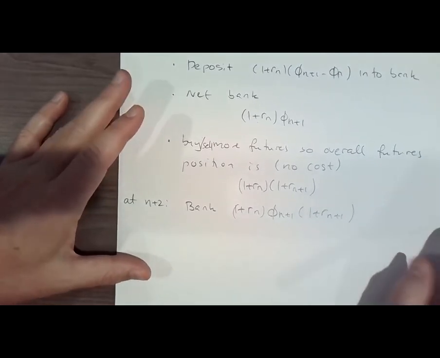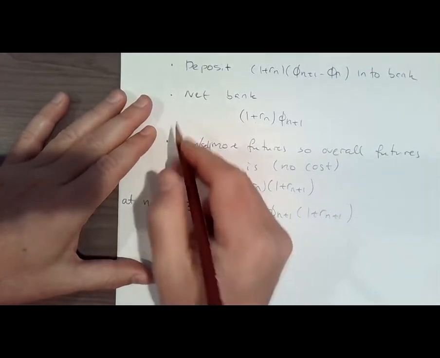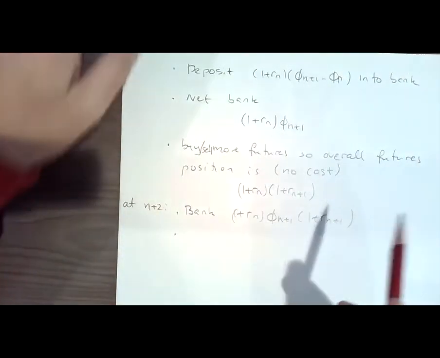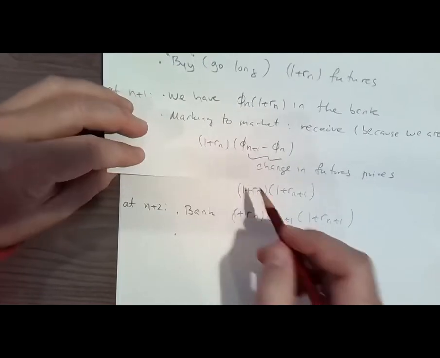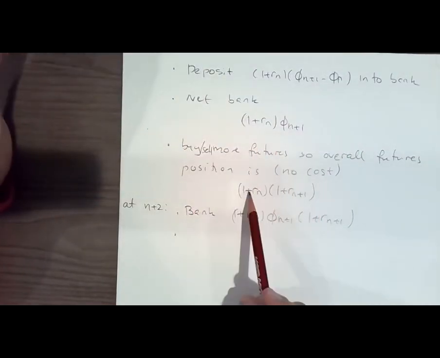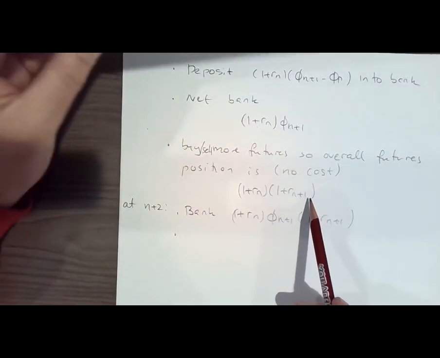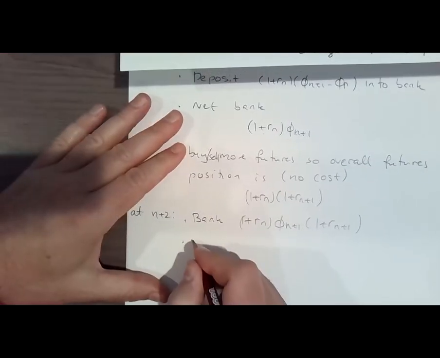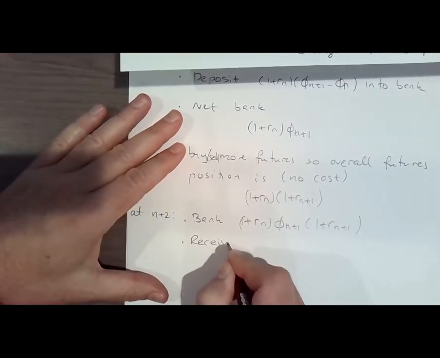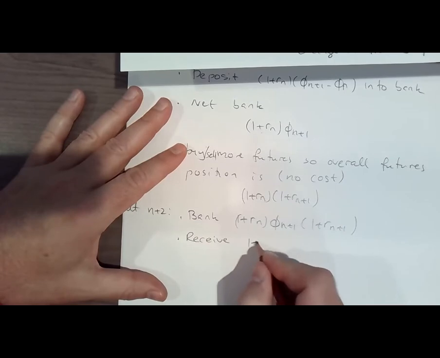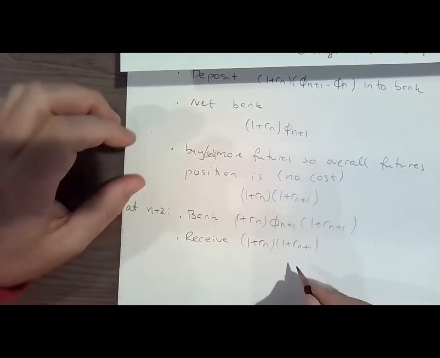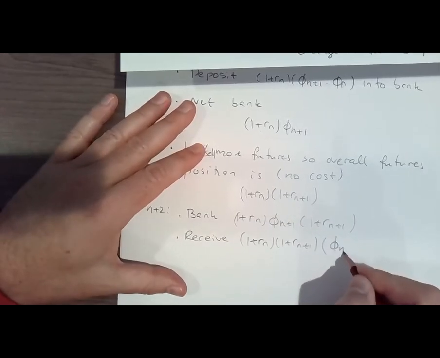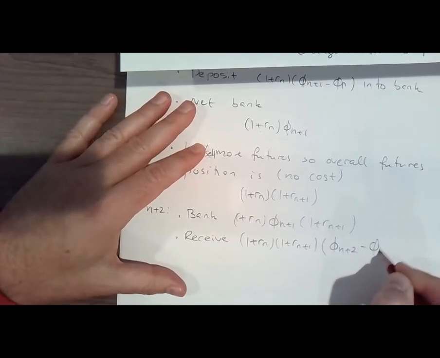And that was our bank. And we're going to have a payment: the number of futures, which is now 1 plus Rn times 1 plus Rn plus 1. So we're going to receive the quantity 1 plus Rn times 1 plus Rn plus 1, times the futures price change, phi n plus 2 minus phi n plus 1.